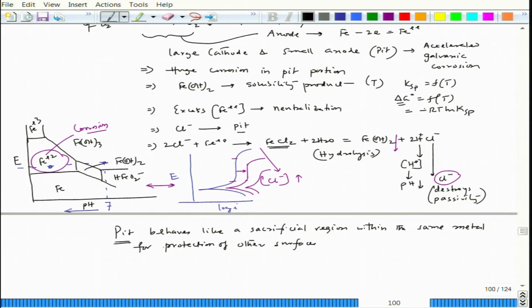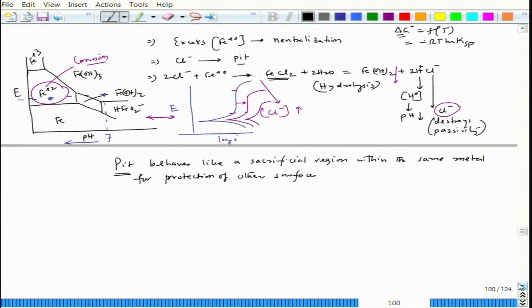Now, the interesting part is initiation. Whatever I said so far is the growth part, and this growth stops when the pit goes through the thickness.